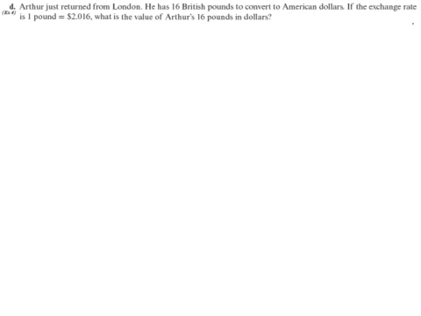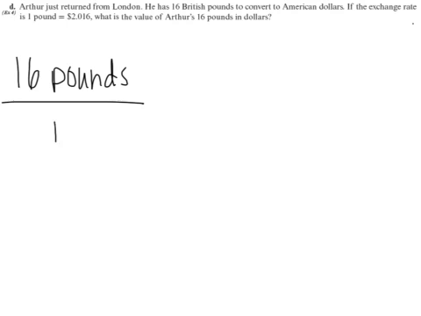Last problem from the problem practice, and then one more. Arthur just returned from London. He has 16 British pounds to convert to American dollars. So 16 pounds is what he has. It's our given. We're going to change it into a fraction, so we'll stick it over 1. He doesn't want pounds anymore. They're on top. They need to go to the bottom. He does want dollars.